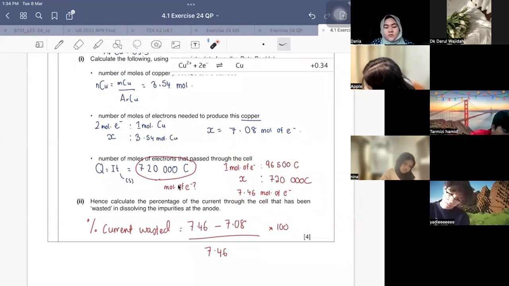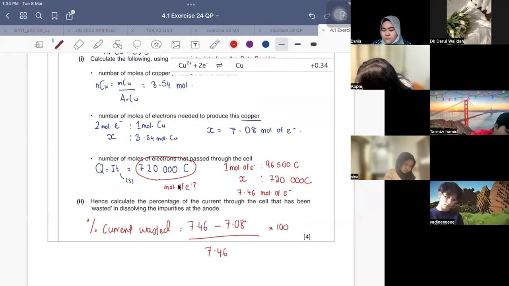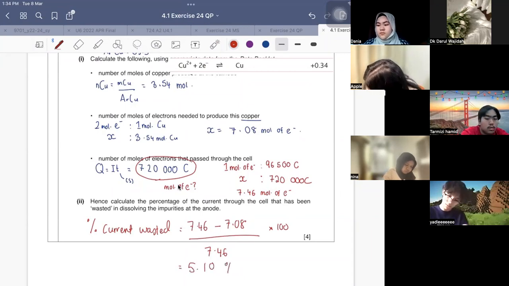Okay, that's why they will throw at you different formats, different calculations, and you may argue and say, but we've never done a question like this. That should come out as 5.10%.